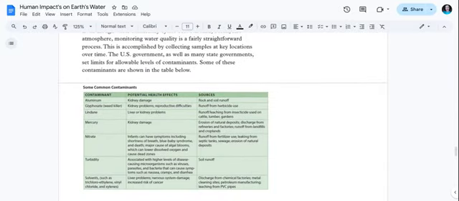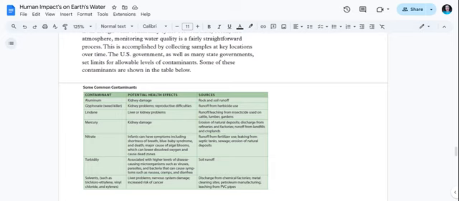We also have an interesting looking chart that lists some common contaminants in water. We have aluminum. We see that it causes kidney damage. You can get it from rock and soil runoff. Glyphosate, also known as weed killer, can cause kidney problems and reproductive difficulties. That is coming from runoff from herbicide use.